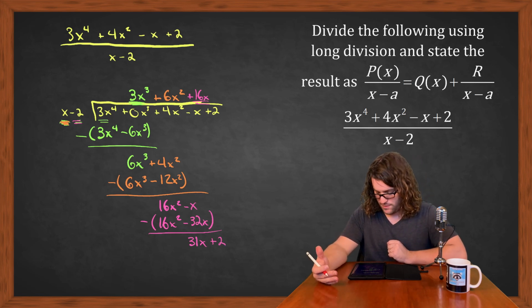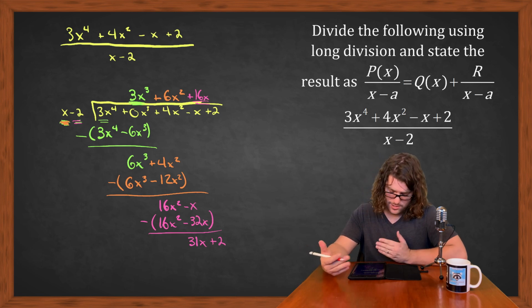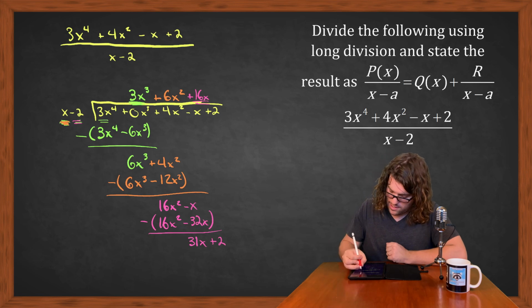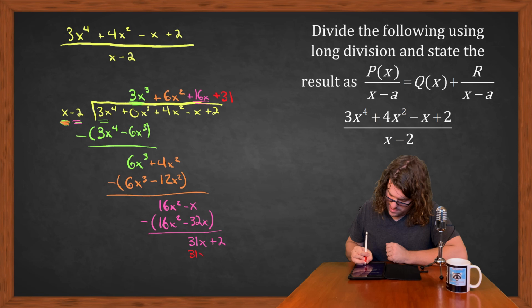So the last part of the division here is going to be how many times does x specifically go into 31x? Well, that goes in 31 times. So that's going to leave me with 31x minus 62. I'm going to do this subtraction one last time, and I'll get 2 plus 62 gives me 64.